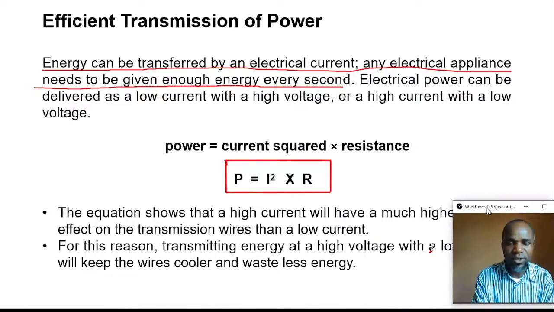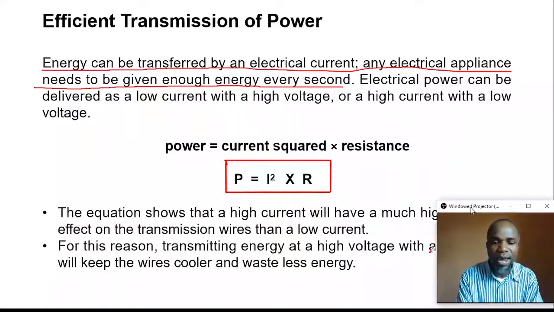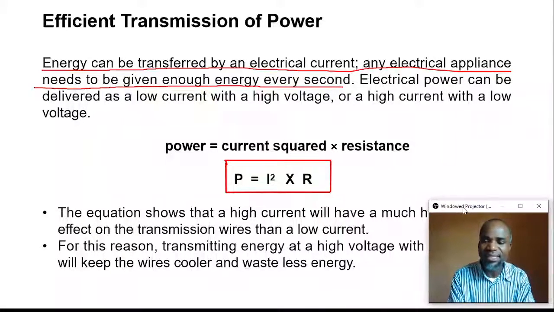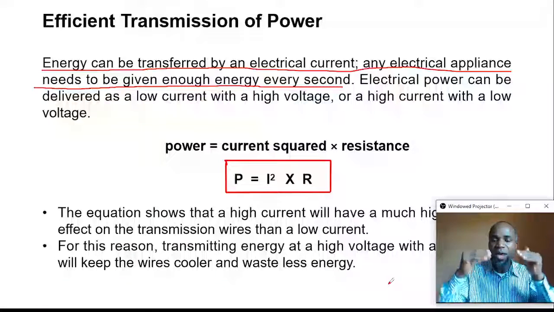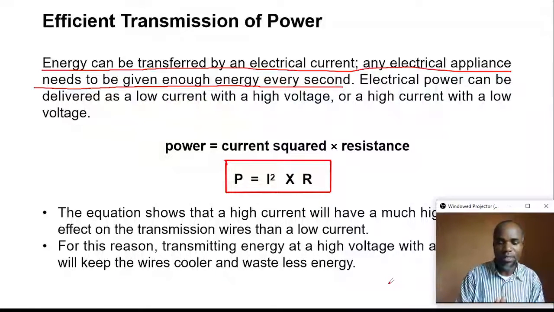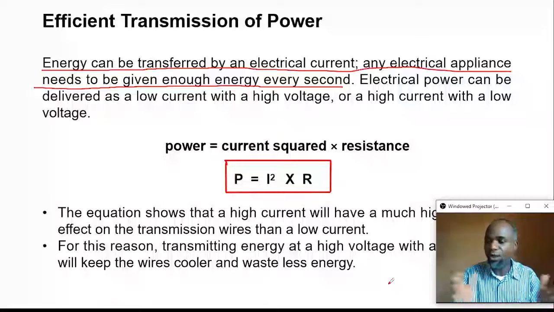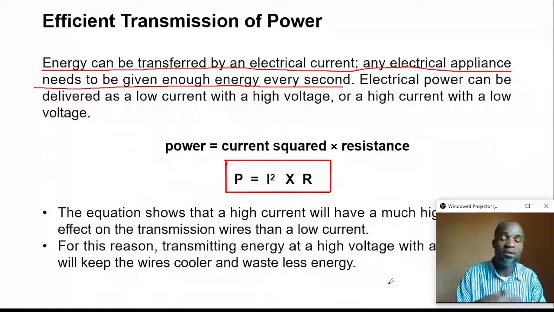For this reason, transmitting energy at high voltage with low current will keep the wires cooler and waste less energy. So when energy is transmitted at very high voltage with a low current, there won't be much wastage of energy. We must watch out for this.